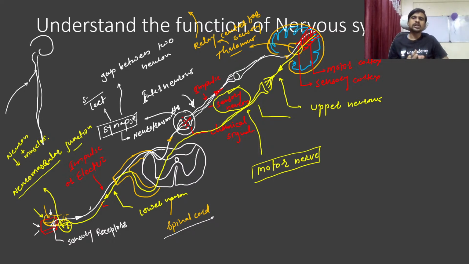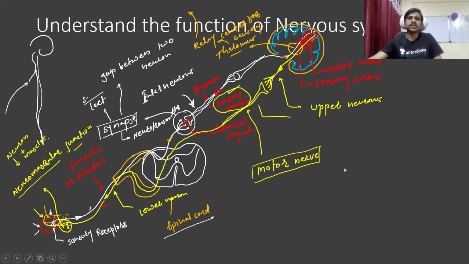Okay, so the function of each and every organ is performed because of the motor cortex, which is the main part of your brain involved in making a decision. And the sensory part is taking the information from the environment.